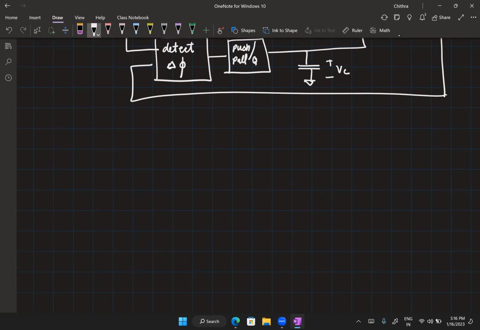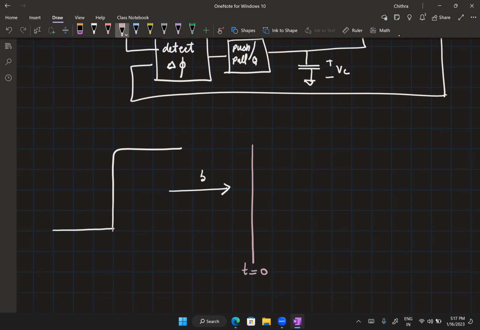So let's say I had an incoming rising edge. We will assume a buffer which is introducing a delay. So what we were trying to do was to change this slope of this waveform at the rising edge. For example, let's assume that this is at t equal to 0. That is, we have this rising edge at t equal to 0. At the output, we were going to see waveforms with different slopes like this.